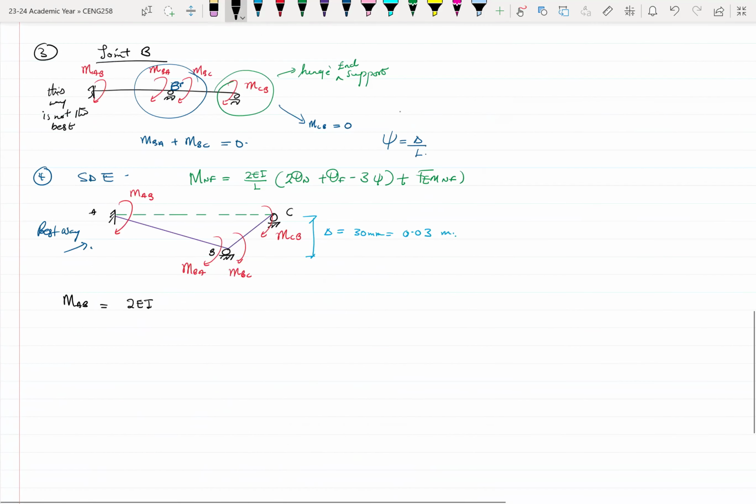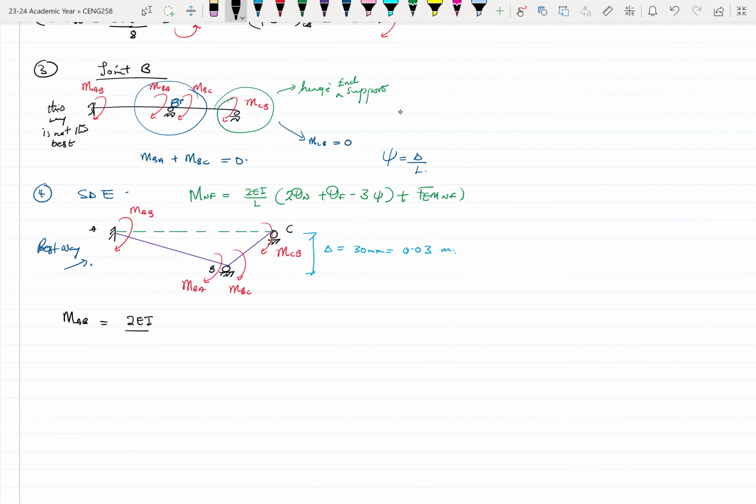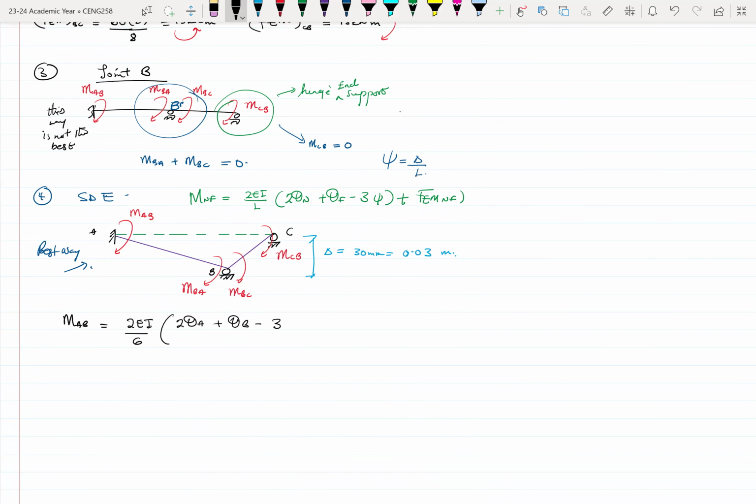So MAB is equal to 2EI over 6, 6 being the length of the span AB. All right. Then in brackets, 2 theta A plus theta B minus 3 delta. Now, the value of the delta is important to us. Is it negative or is it positive?